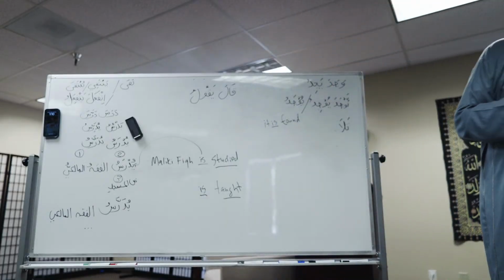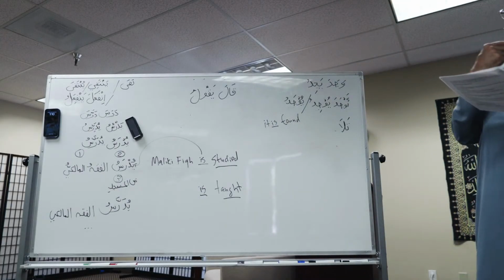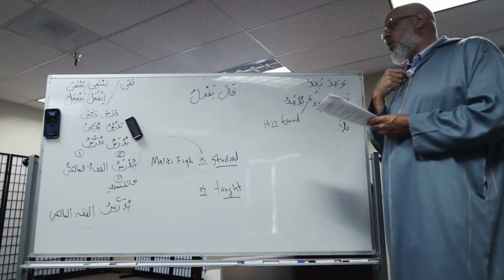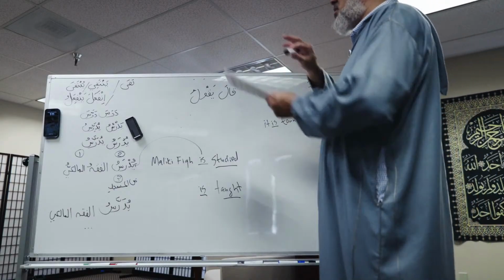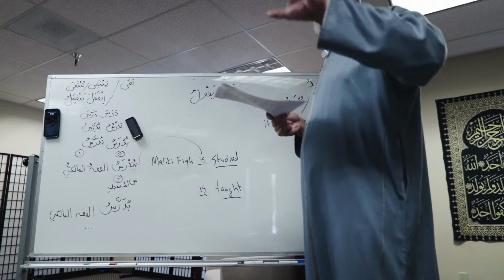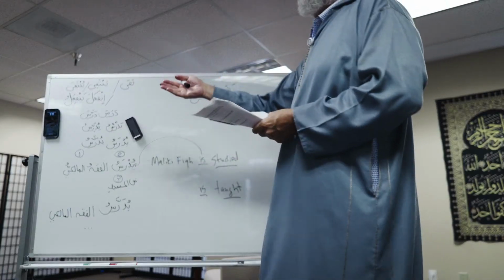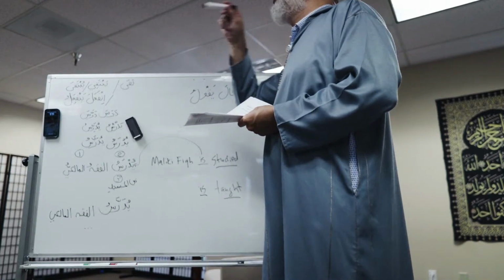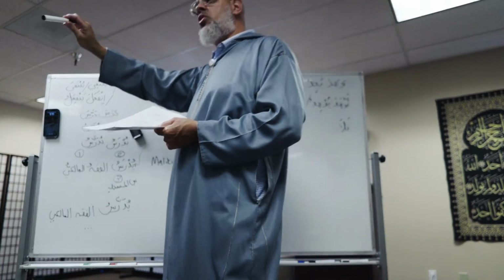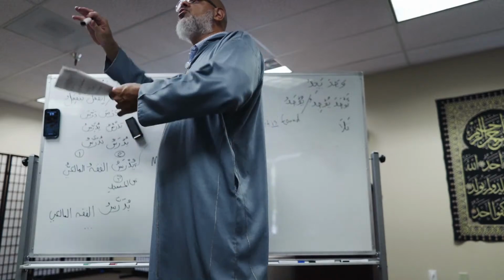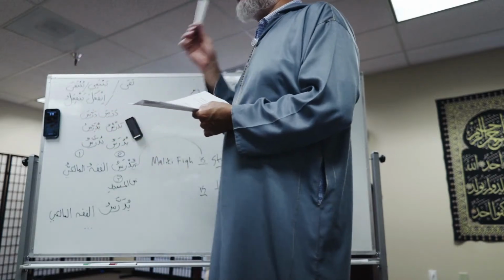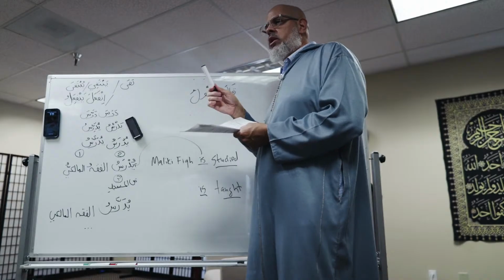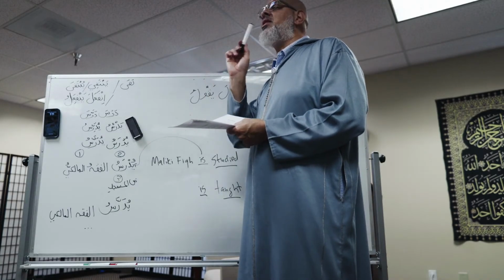If he wanted to say ثم يقول هذا الذي كنتم به تكذبون, then it would be what? Then he says, this is what you used to deny. But then we need to know, well, who's saying it? It doesn't matter who is going to say this to this kind of person or this group of people. The most important thing is the action. What? The most important thing is it will be said.